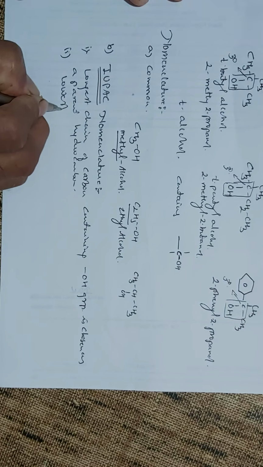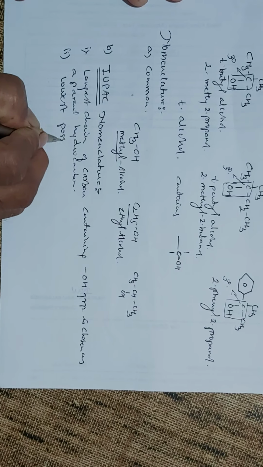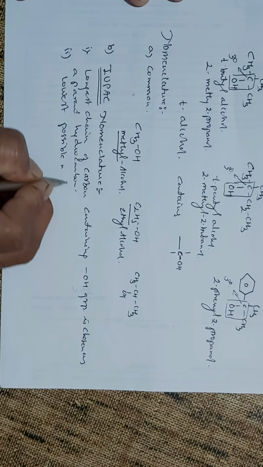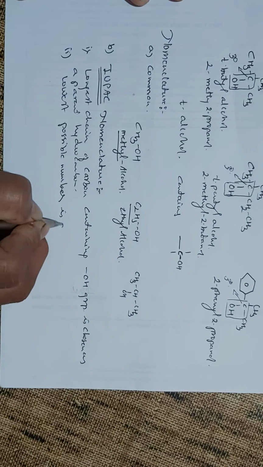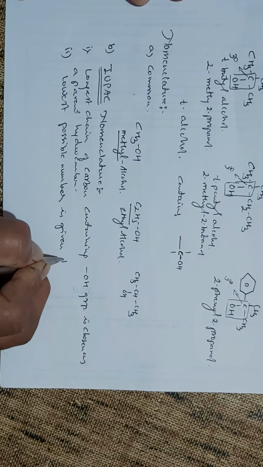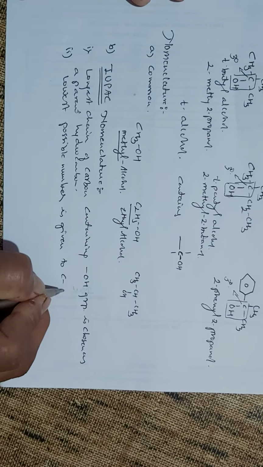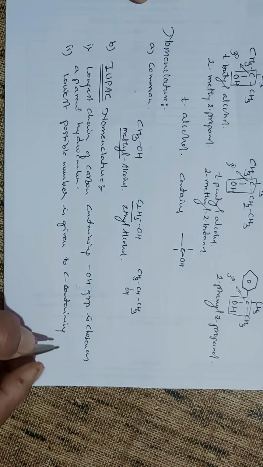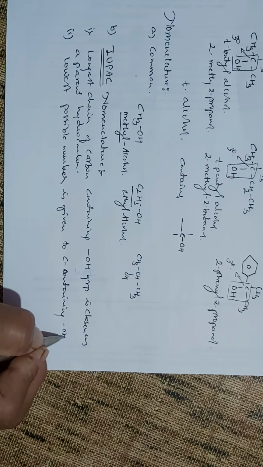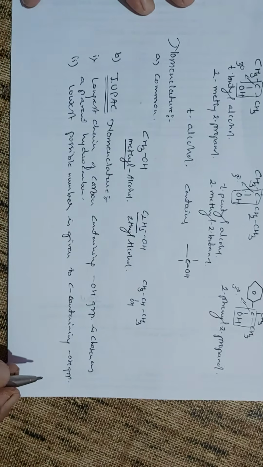The lowest possible number is given to the carbon containing the OH group, that is, the hydroxy group.